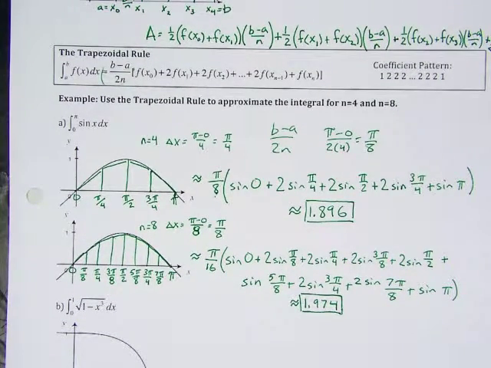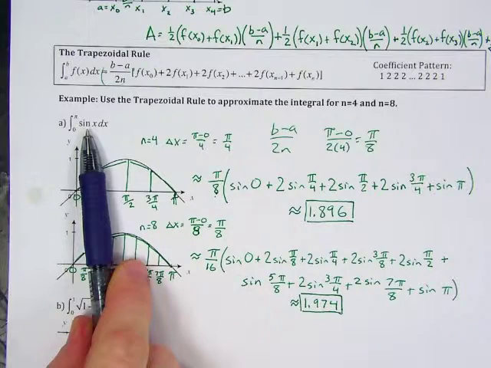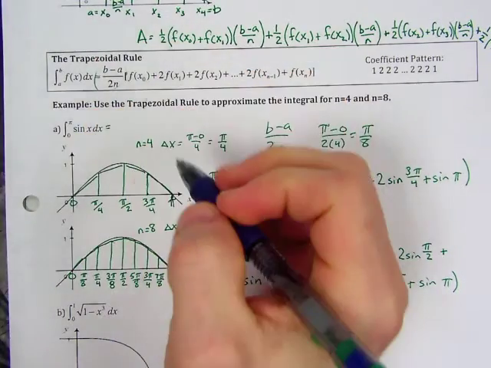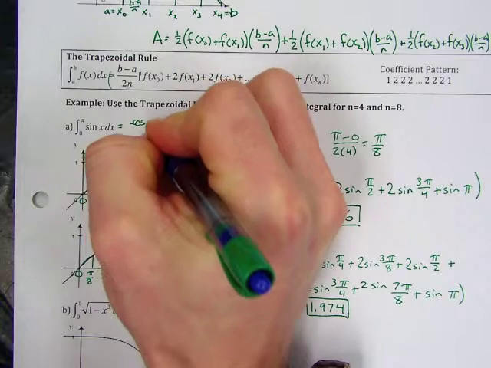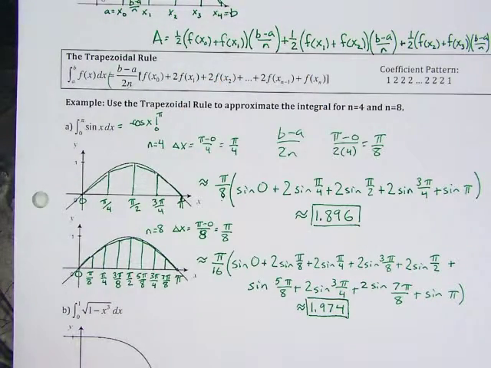So if we're looking at this right here, can you integrate this function? Yes. Okay. It would really equal what? Negative cosine x, since sine turns to negative cosine.